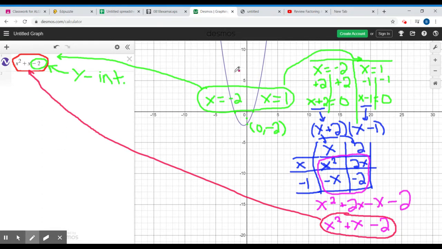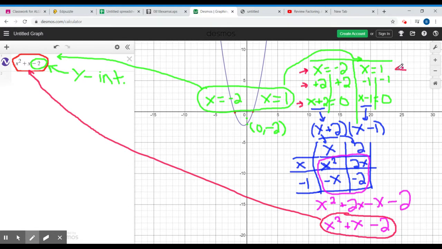So if I am given the parabola, just by seeing what my x-intercepts are, I can go all the way back to find out what my equation is. Again, I do the reverse of what we did. I go through the t-chart: x equals -2, I added 2 to both sides, and I end up with x plus 2.